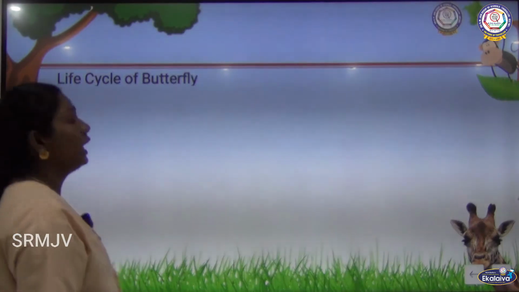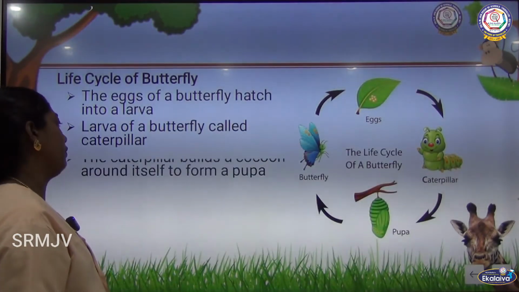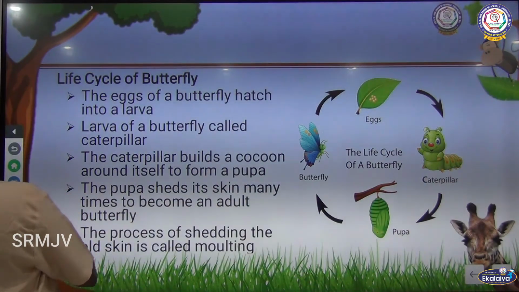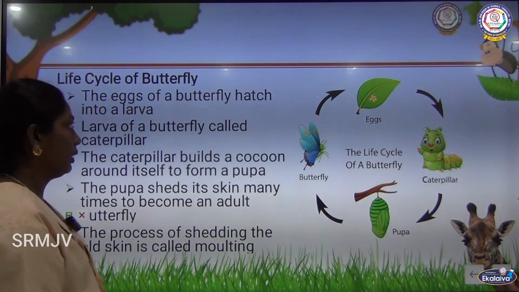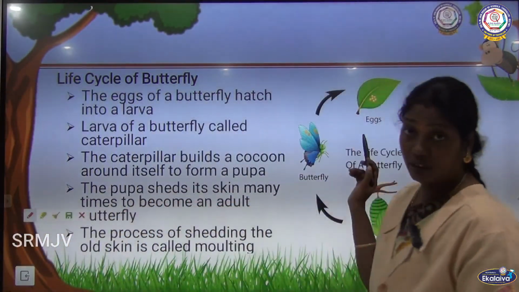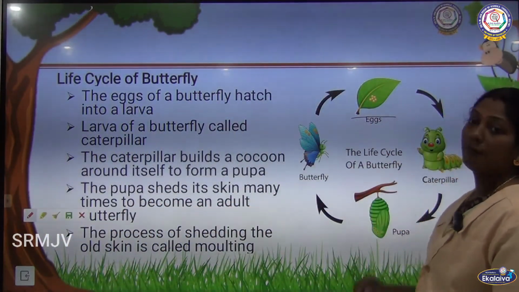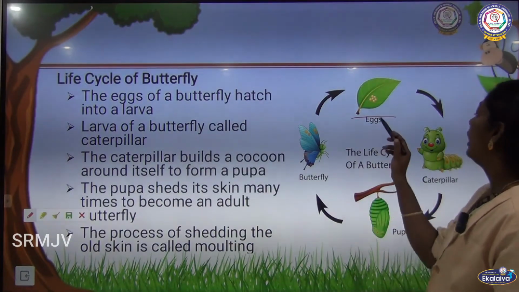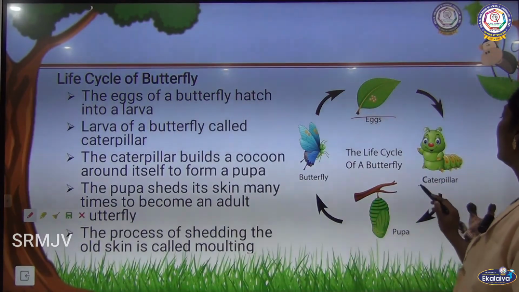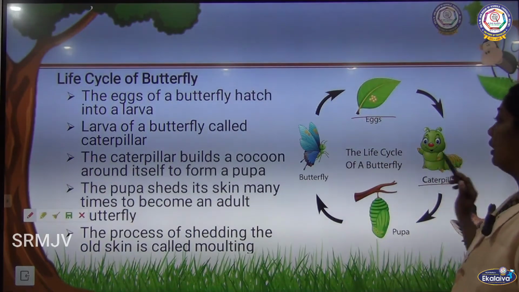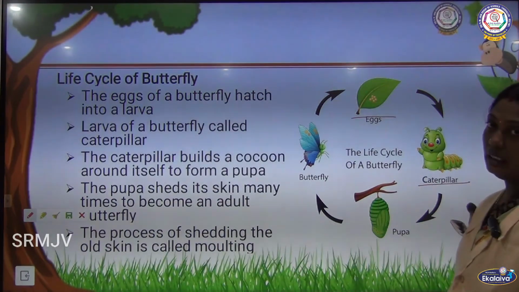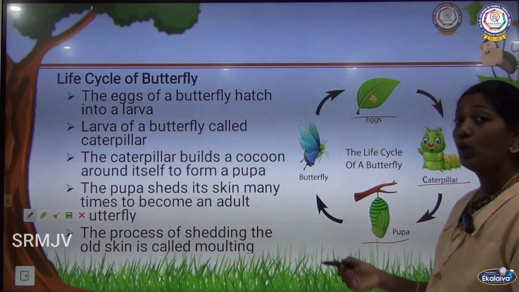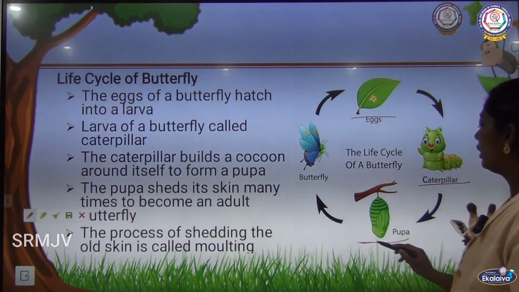Next we are going to see the life cycle of a butterfly. The eggs of a butterfly hatch into larvae. The larva of a butterfly is called a caterpillar.